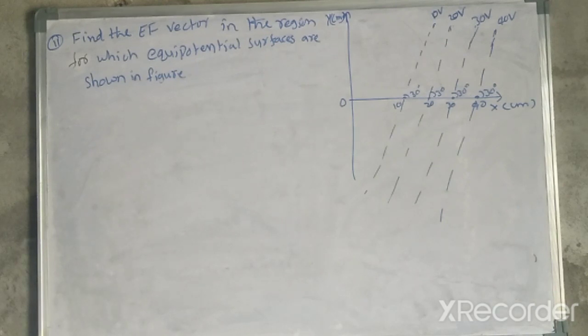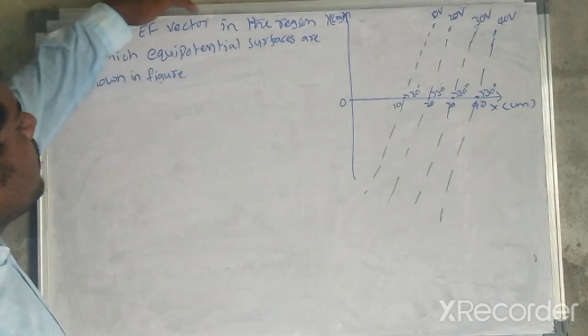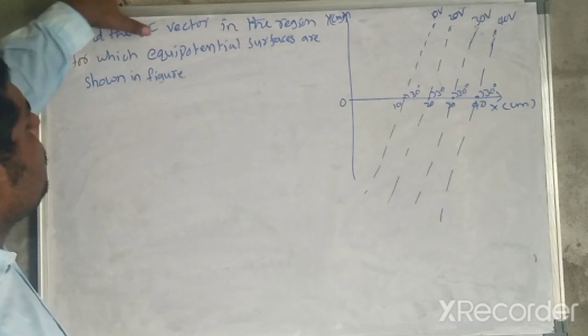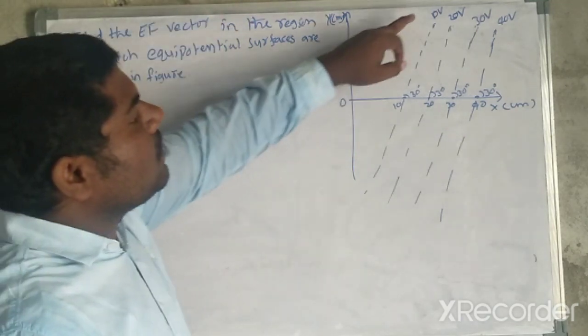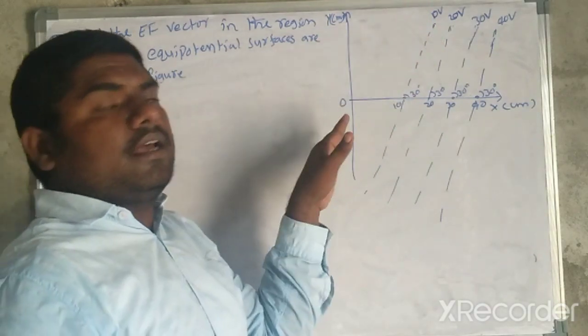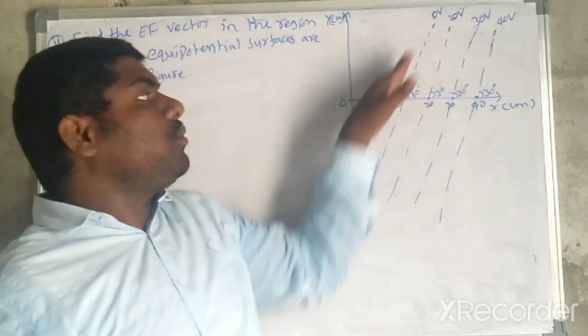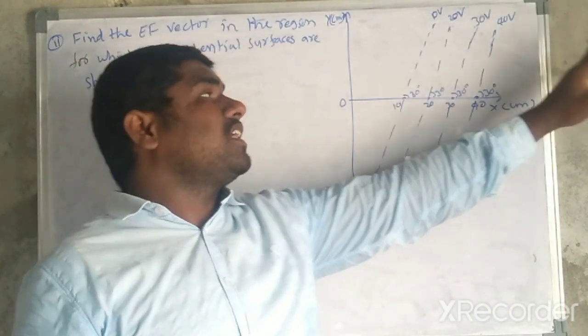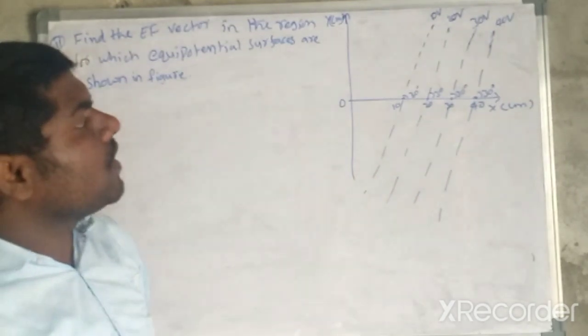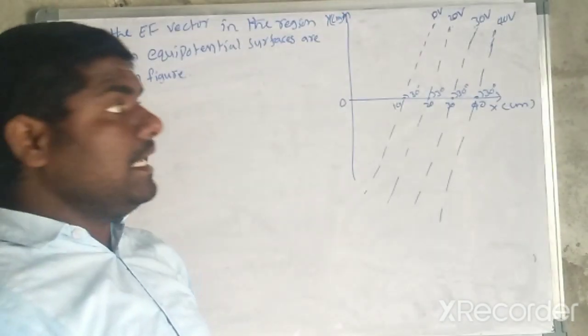Another model: find the electric field vector in the region for which equipotential surfaces are shown in the figure. Here the potentials are 10, 20, 30, 40, and so on, increasing. The electric field and the potential gradient are in opposite directions, one positive and one negative, because E bar is equal to minus dV by dx.